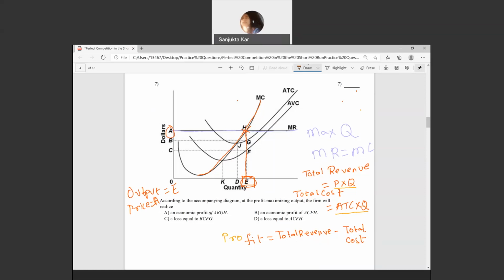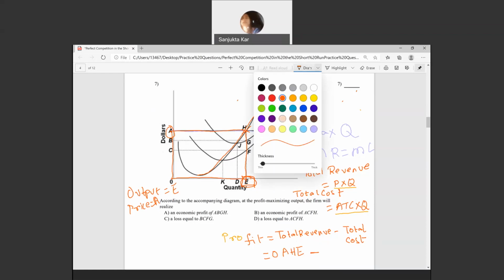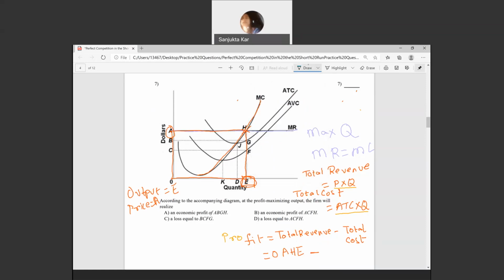So what is my total revenue? The total revenue is this whole rectangle, which is OAHE, price times quantity. And the total cost is going to be, use a different marker here, it's going to be this one.